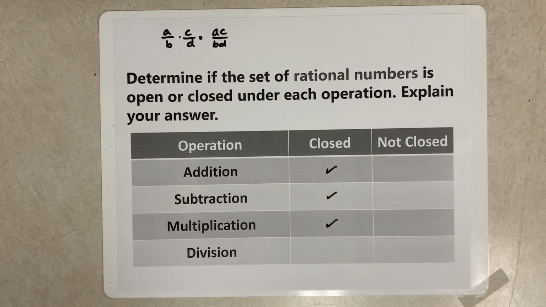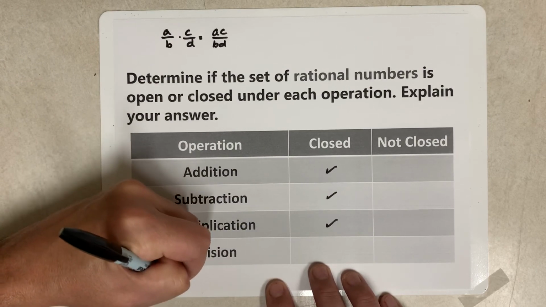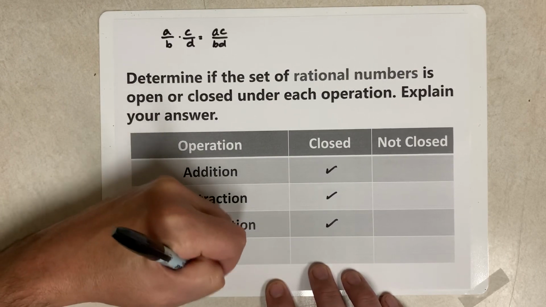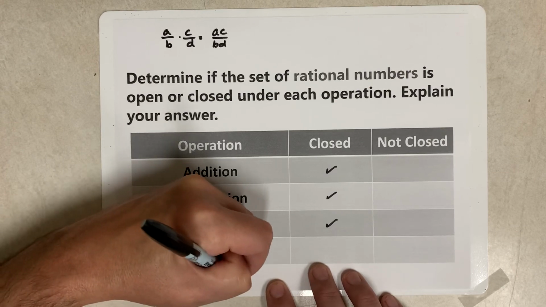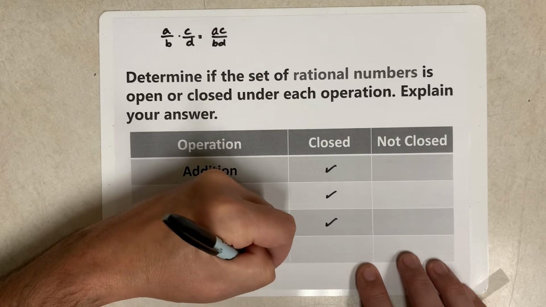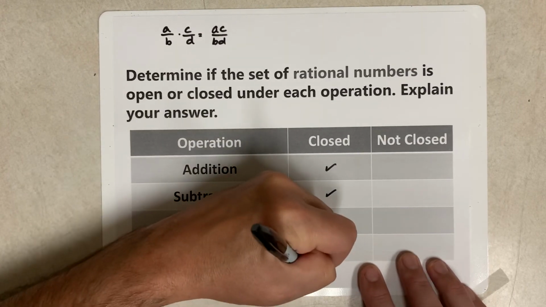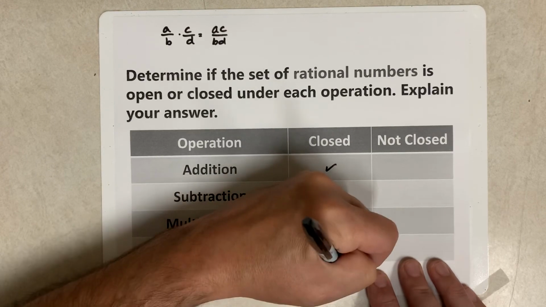What about division? Well, here's the tricky thing. We can divide 2 fractions, no problem, as long as we don't divide by 0. So I'm going to write down here: it's okay as long as division is not by 0.